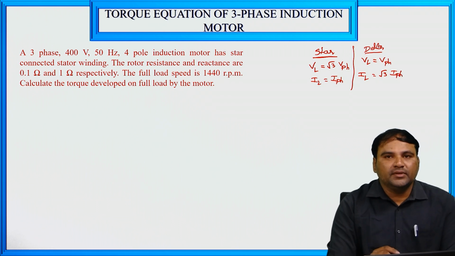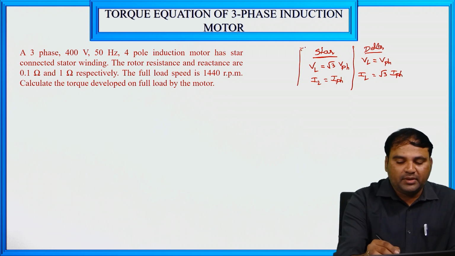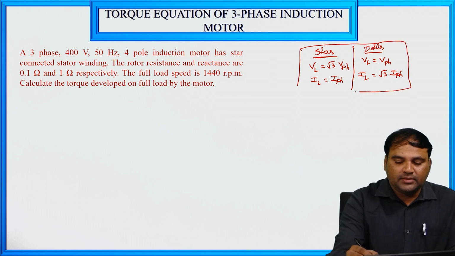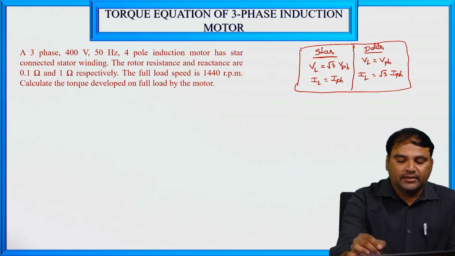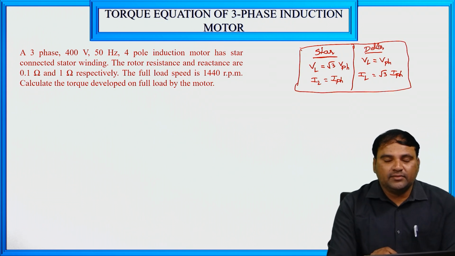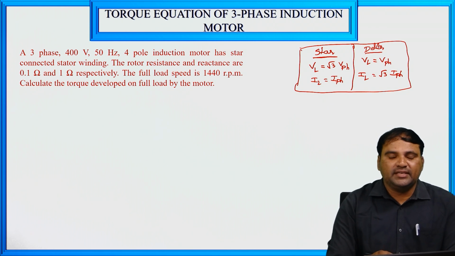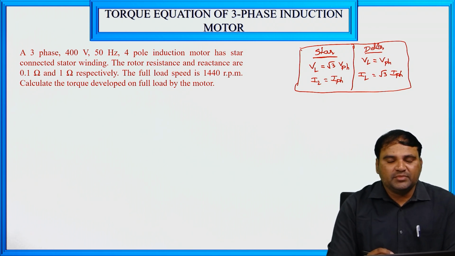So here you have to remember this for star and delta. In star, VL is equal to root 3 times the phase voltage, and line current is equal to the phase current. If it is a delta connection, line voltage is equal to the phase voltage and line current is equal to root 3 times the phase current.